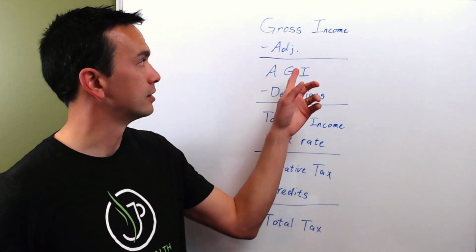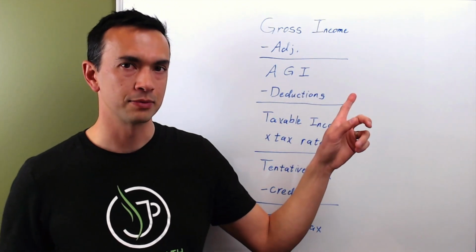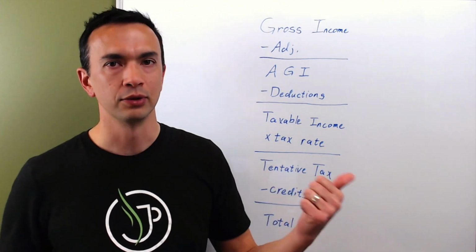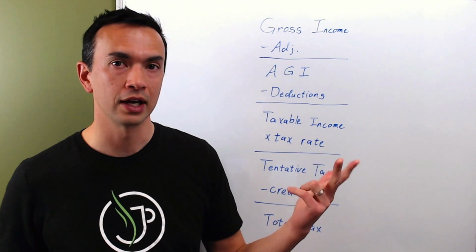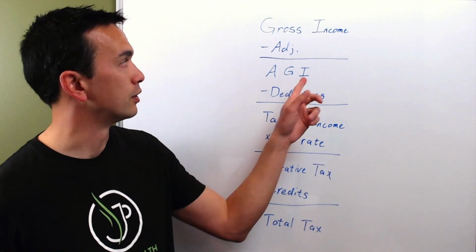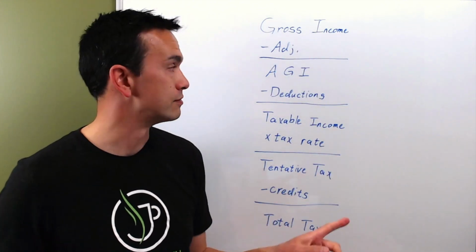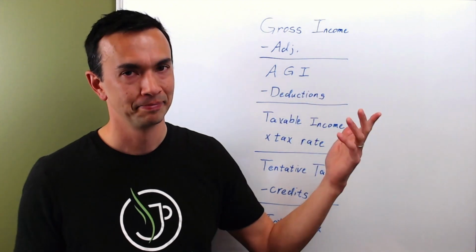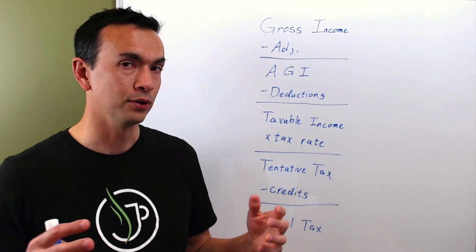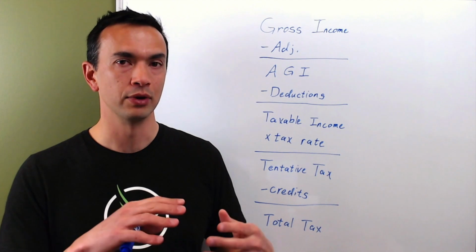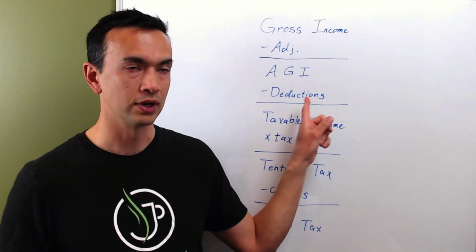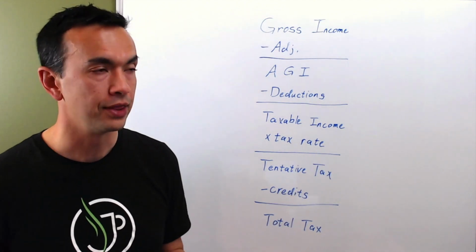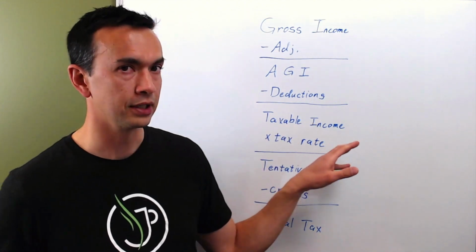Then you subtract out any adjustments, things like student loan interest, HSA contributions, or regular IRA contributions. Your gross income after your adjustments gives you adjusted gross income. After that, you subtract out deductions, which would be either your standard deduction or, if you itemize, your itemized deductions. That number gives you your taxable income.